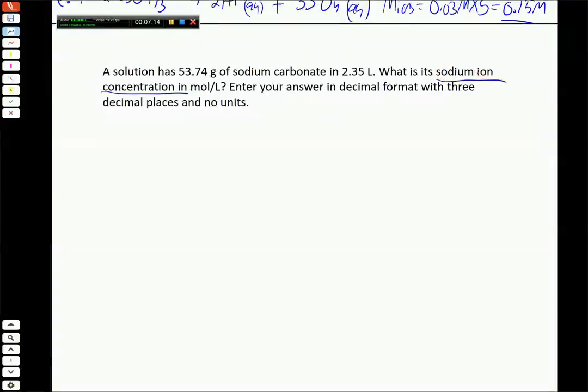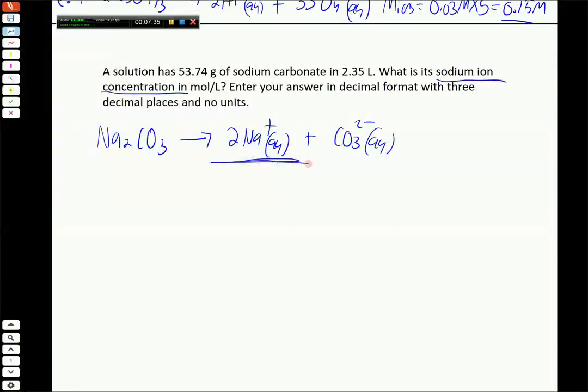So if we have sodium carbonate, which is Na2CO3, and this dissolves in water, we get 2 Na plus and CO3 2 minus. So those are the ions that exist in solution. And what we're looking for in this problem is the concentration of Na plus, the molarity of Na plus.